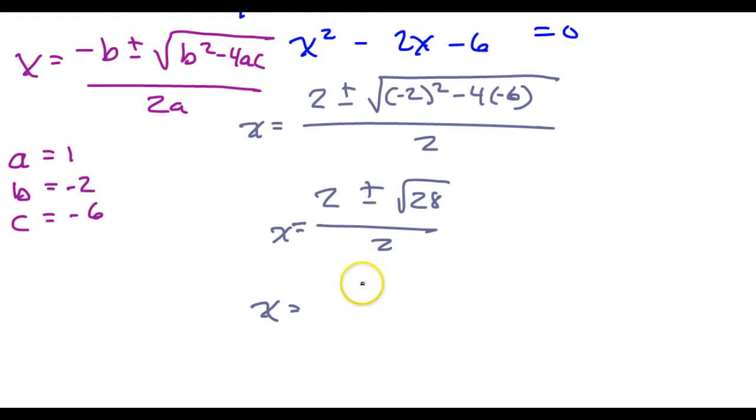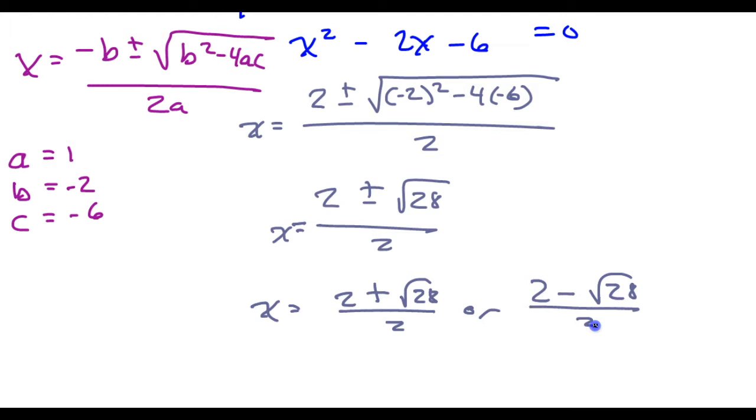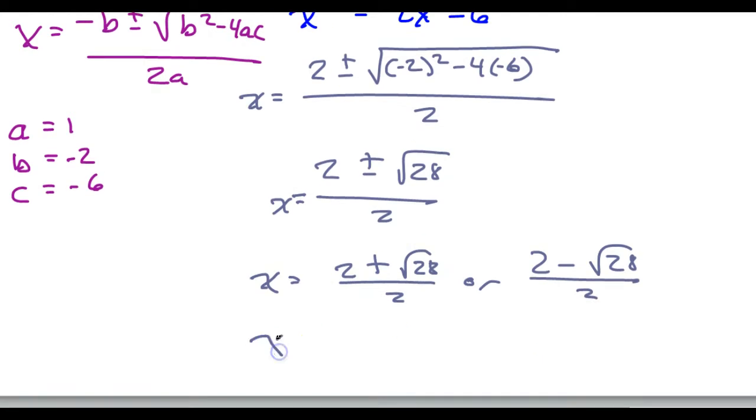So let's do 2 plus radical 28 over 2, or 2 minus radical 28 over 2. That will give us our two different decimals here. So let's see, 2 plus radical 28 over 2.